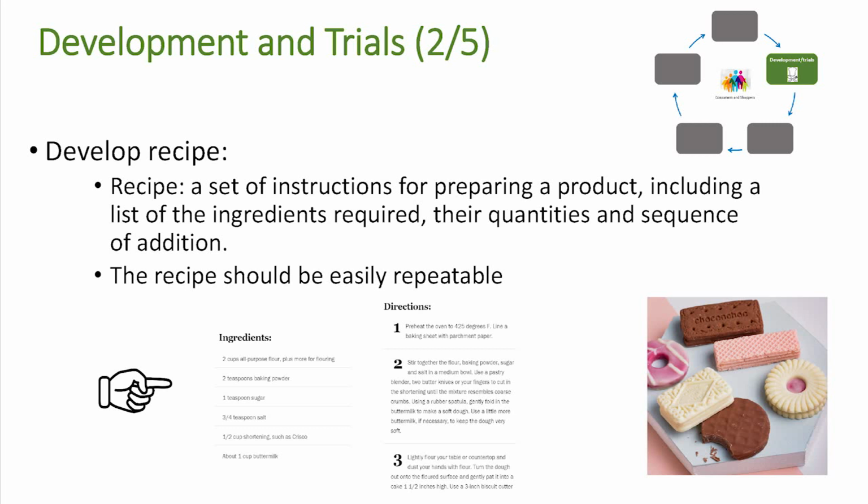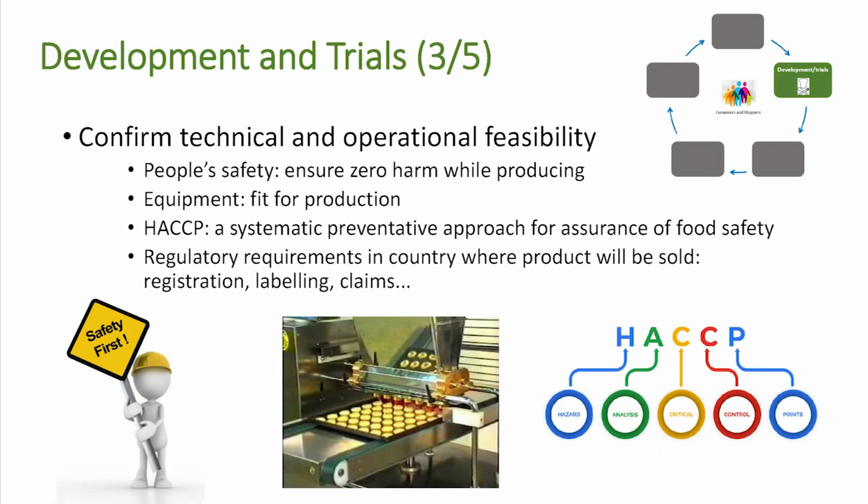Once you develop your recipe, what are you going to do? You are supposed to confirm whether what you want to do is feasible, operational. This part also is very important. Sometimes we miss it. What does that mean? Operationally, first we need to see if what I am trying to make will not harm people. People's safety. You know, sometimes you are in industries where you have maybe 100 workers.